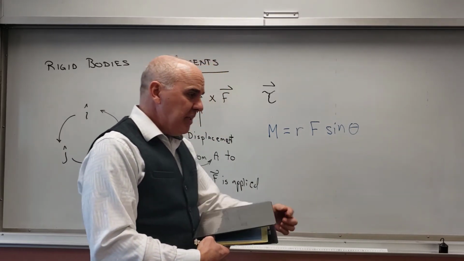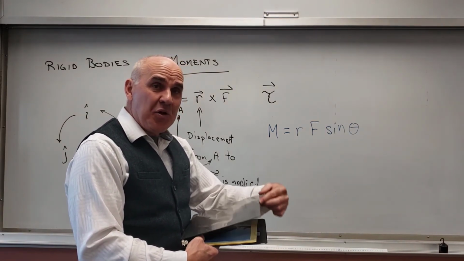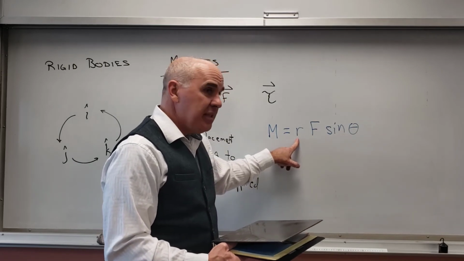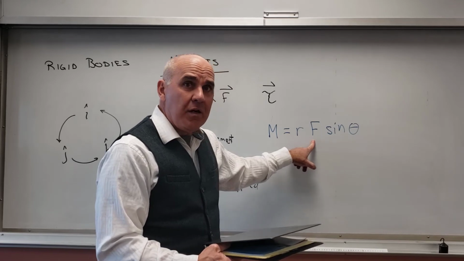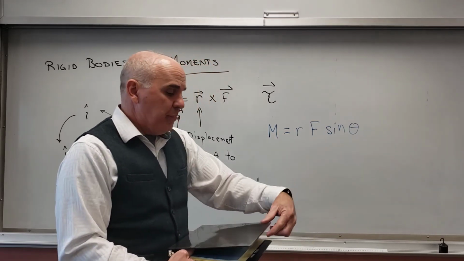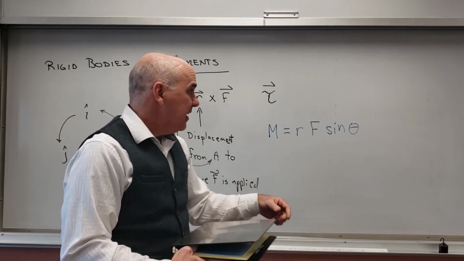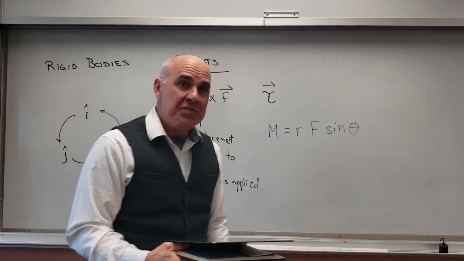And so what's happening here is I'm pushing hard, but the door doesn't open, the binder doesn't open. That's because the angle in between the R vector, the position vector, and the force vector is 180 degrees. Or if I pull, I don't open the binder when I'm pulling on it, because now R and F are parallel. The sine of 0 degrees is still 0.